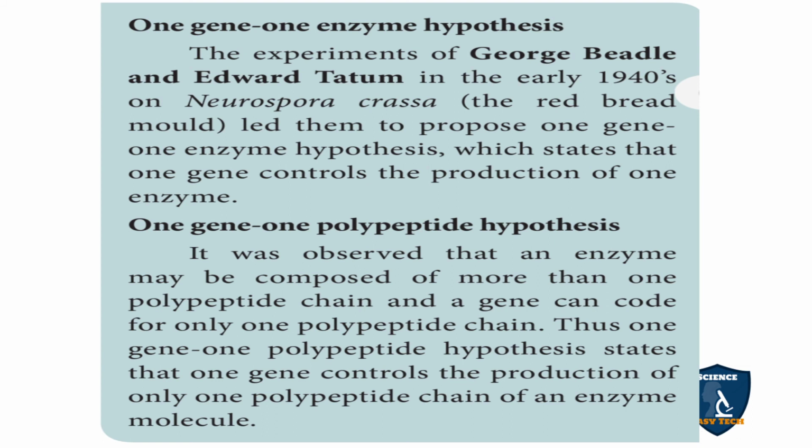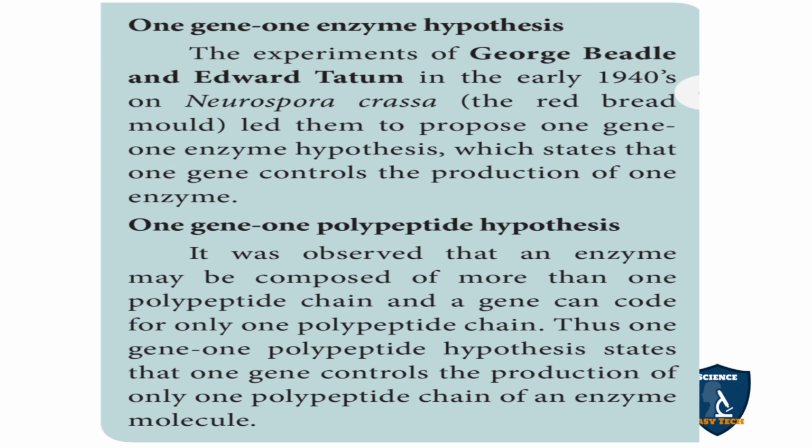But after that, further work was done on one gene, one enzyme. At that time, it was found that one enzyme contains so many polypeptides. So they changed it: one gene can produce one polypeptide chain only. That also states that one gene can produce one polypeptide chain of an enzyme.